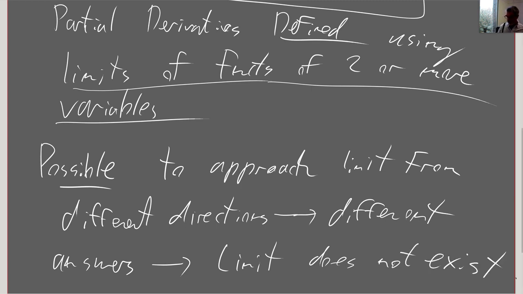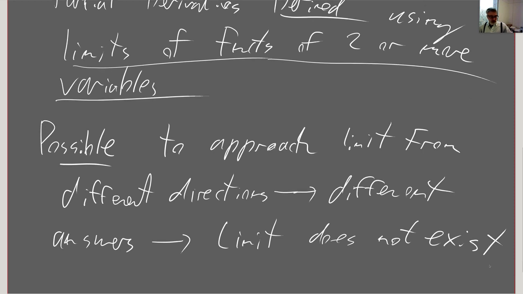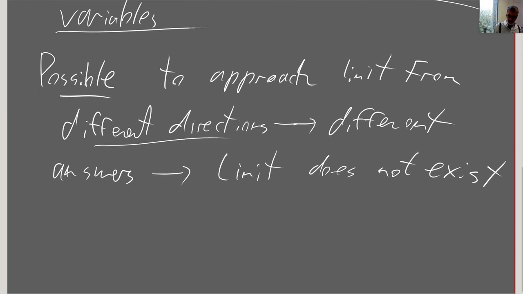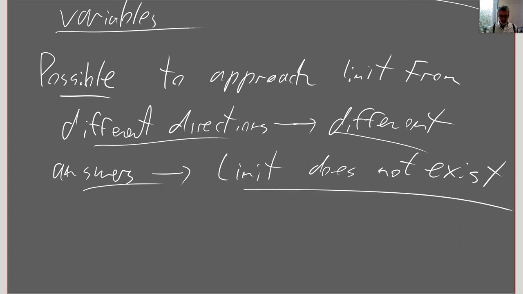Okay, and that's the thing that's different in two dimensions, or a higher dimension, than one dimension. Different directions giving different answers means the limit does not exist.